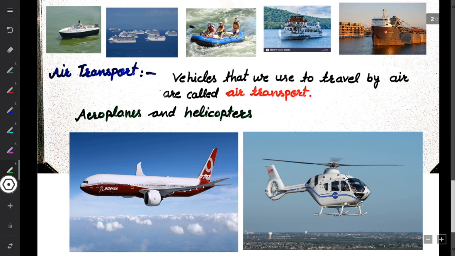Aeroplanes can carry hundreds of passengers and goods to faraway destinations in a short period of time.